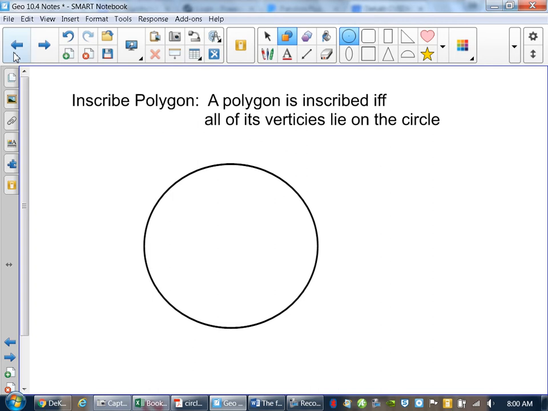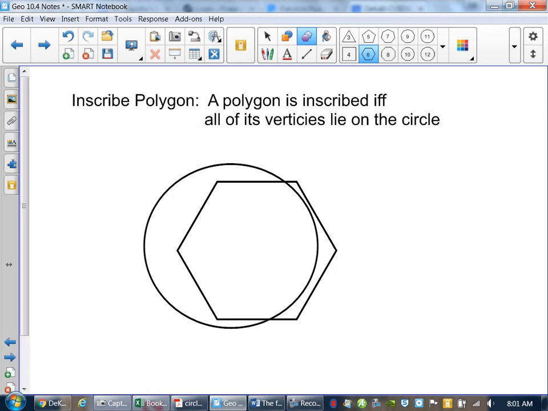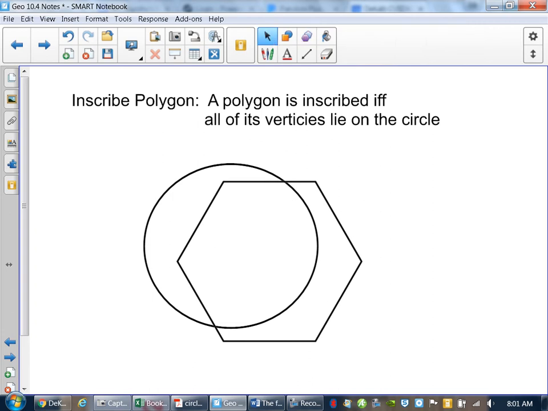Basically, all this means is that a polygon is inscribed if and only if the vertices lie on a circle. That's all that means. No matter what shape it is, you can always inscribe it into a circle. It's a very common thing that you will see as we get into chapter 11 and into 12.